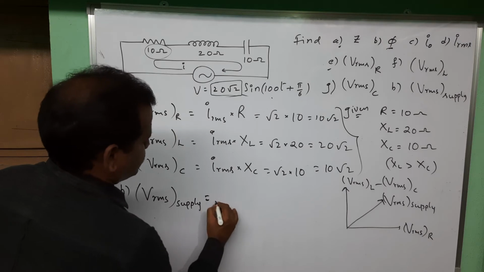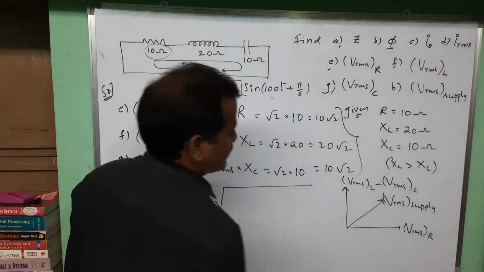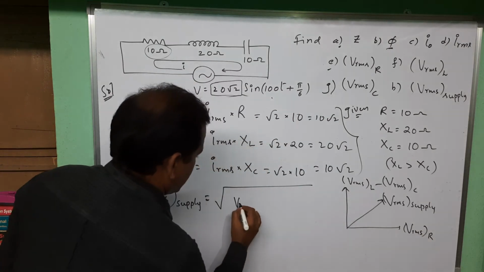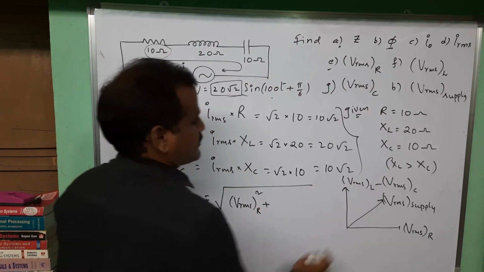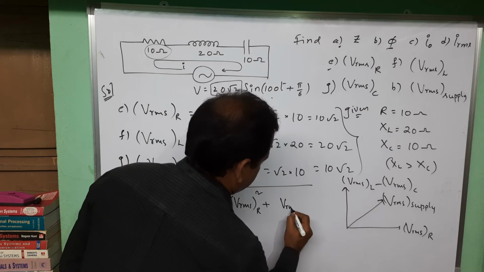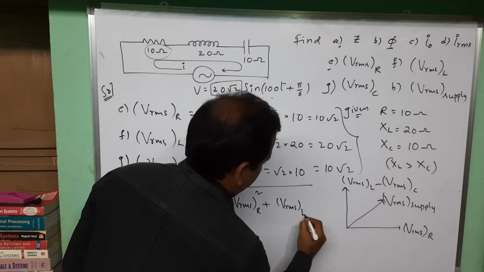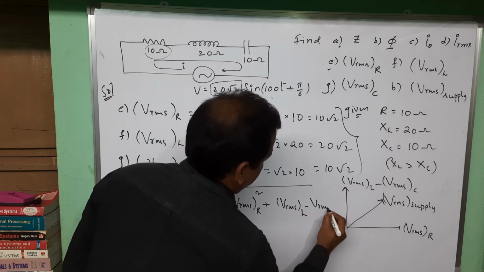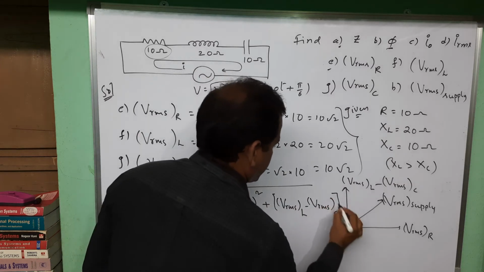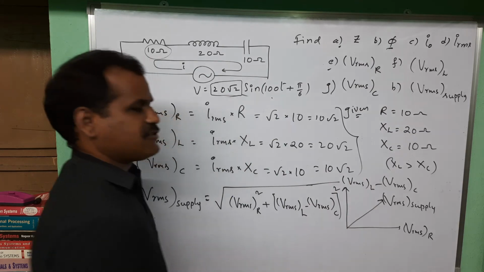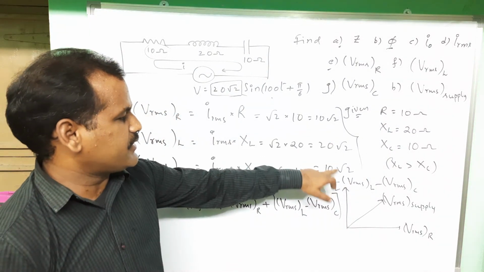the square root of VRMS R whole square plus VRMS L minus VRMS C whole square. Let us substitute the values. We got these three here.